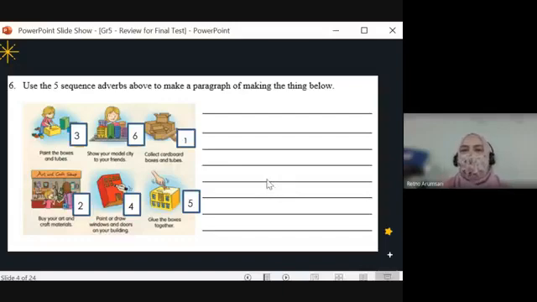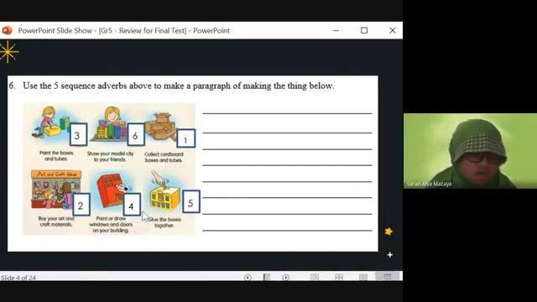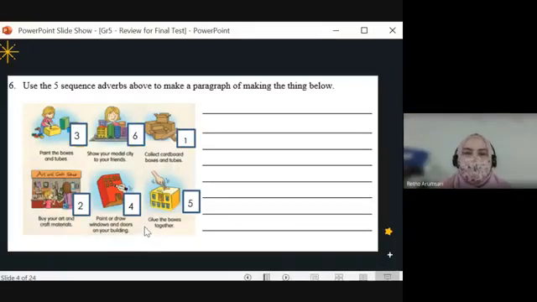Is that right, 5C? Yes, that's right. Next, step number 4. Saralia. Then paint or draw windows and door on your building. Yes, that's right. Good.